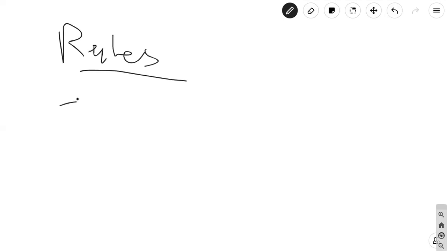Like I say, this is one of the easiest entries to get, and it has 3 rules. The 3 rules are as follows. Let me write here the rules. Rule number 1, you must identify the trend.